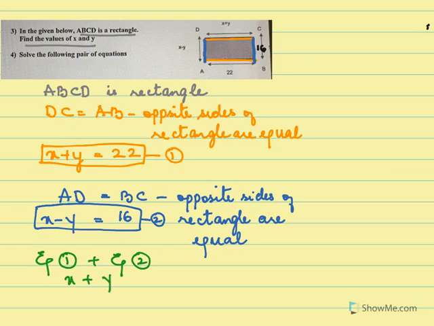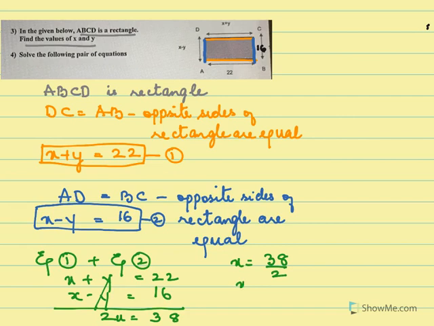So we had x plus y equal to 22, x minus y equal to 16. Plus and minus cancel. 2x equal to 38. So my x will be 38 by 2. x will be 19. Now to find the value of y, we'll put x equal to 19 in any one equation.